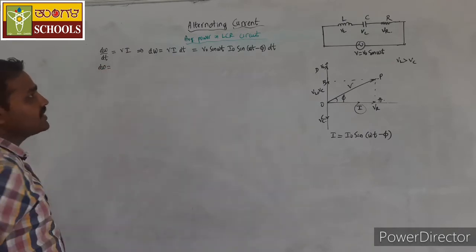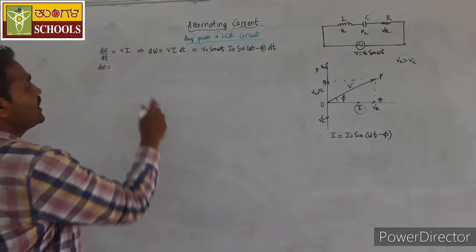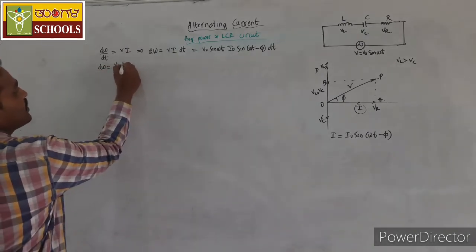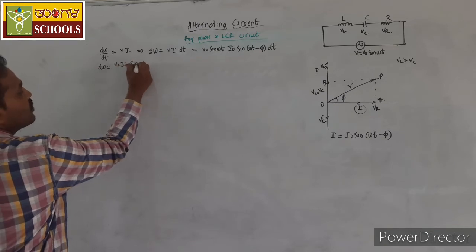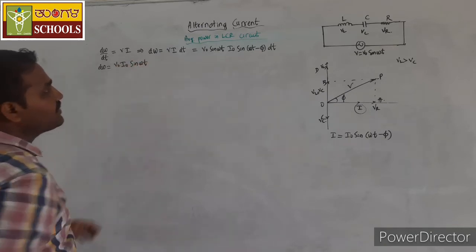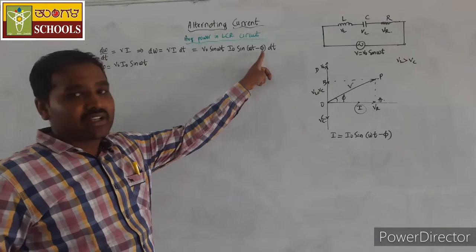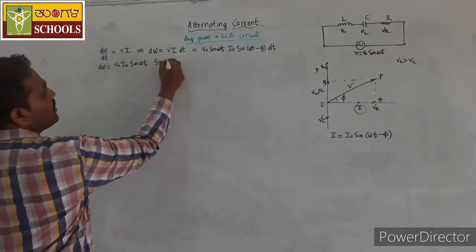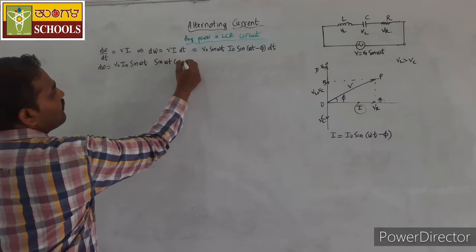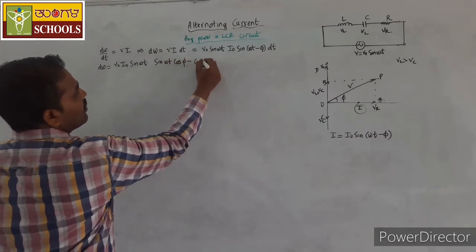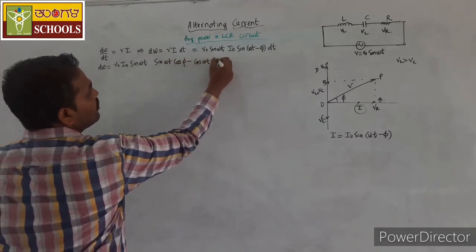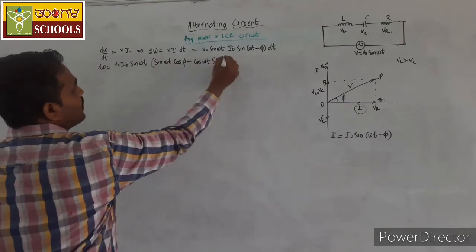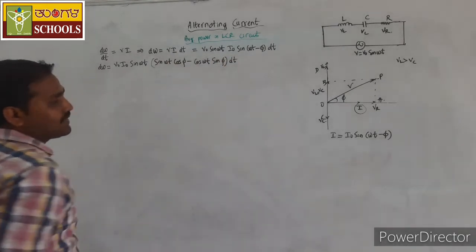Let me simplify this: dW is equal to V0 I0 into sin omega t into sin(omega t minus phi), which I can write as sin omega t cos phi minus cos omega t sin phi, into dt.